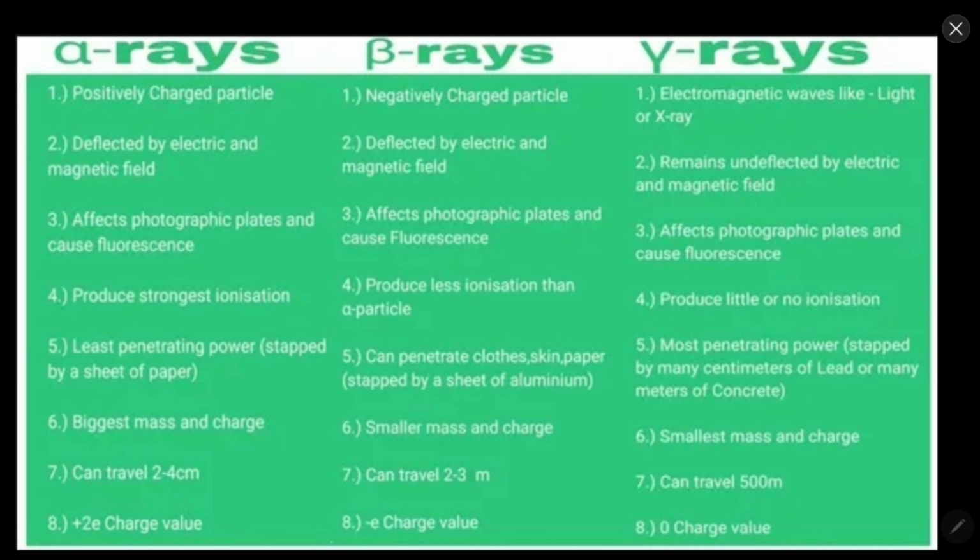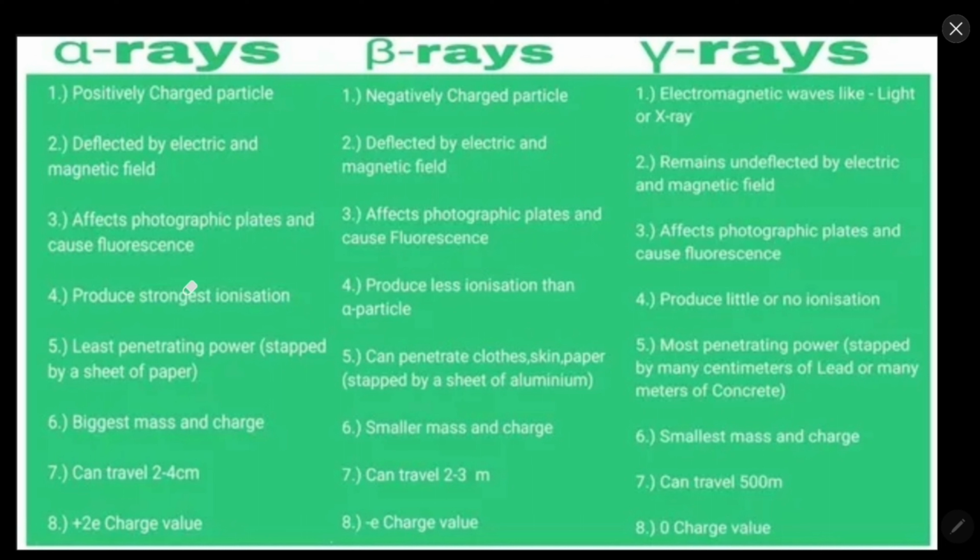Now alpha and beta rays will be deflected by electric and magnetic fields as they are charged, and gamma rays will be undeflected. Apart from that, all these three affect the photographic plate and cause fluorescence. When they collide with fluorescent screen, then it will illuminate it.